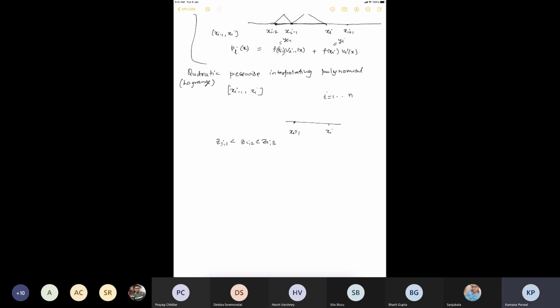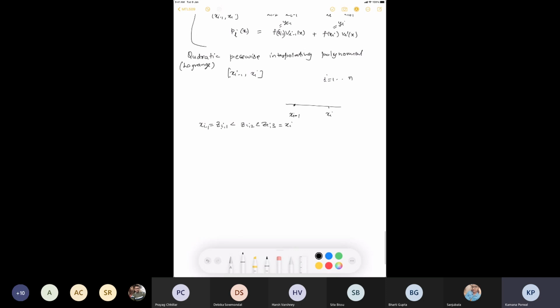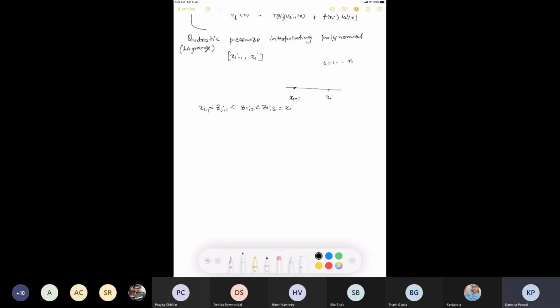Okay, now for z_i1, I'm going to take it the same as x_{i-1}. And this z_i3, I'm going to take it as x_i. So what is going to be the interpolating polynomial, the form of this? We can denote it by p_i(x), for x in x_{i-1} to x_i.